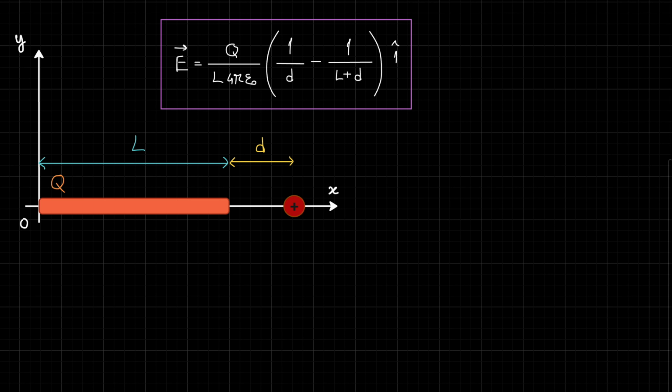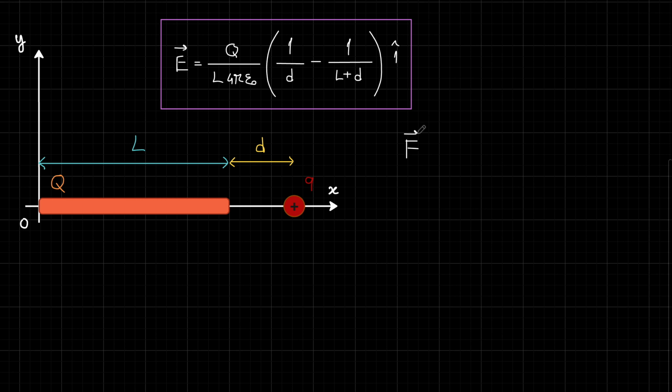Next, we place a point charge on the x-axis at the position of point P, and the point charge has charge lowercase q. The question is, what is the direction and magnitude of the force that the line of charge exerts on the point charge? To answer this question, we can use the connection between electric force and electric field.